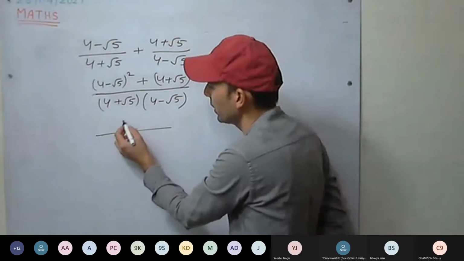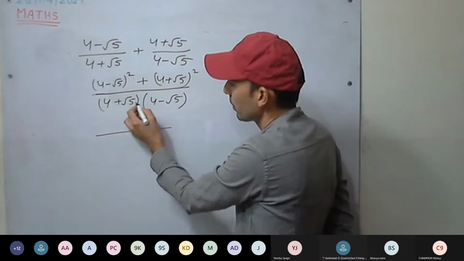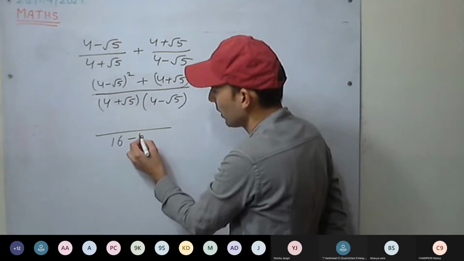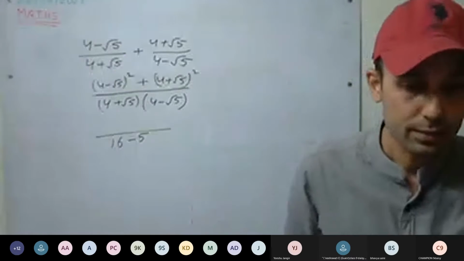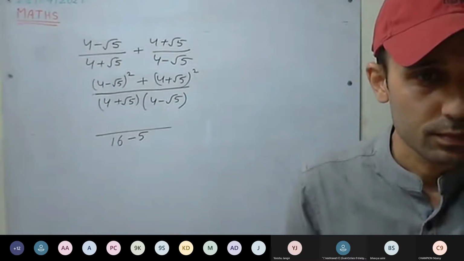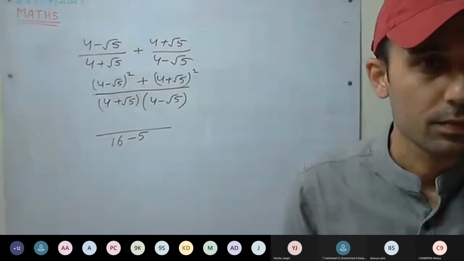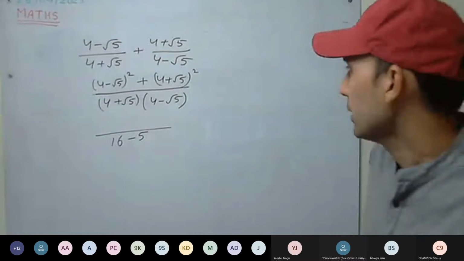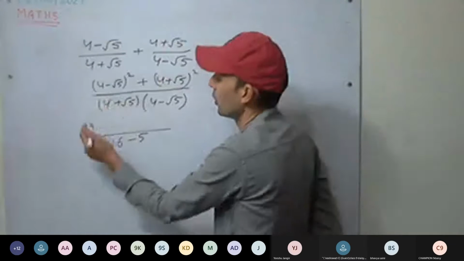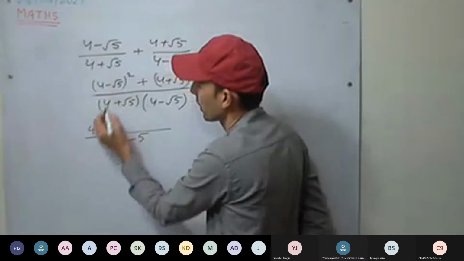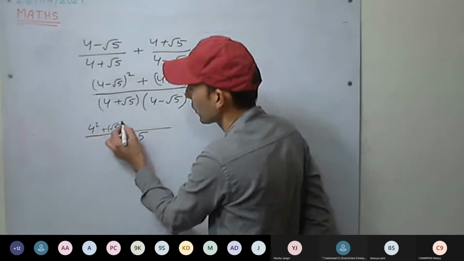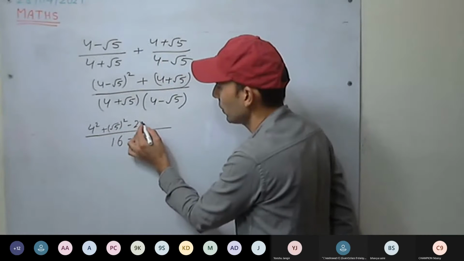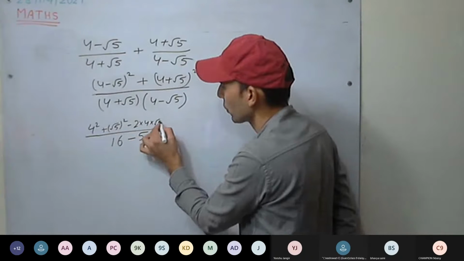So in the denominator it will be 4 square minus 5, that is 16 minus 5. In the numerator, what will we get? 4 square plus root 5 square minus 2ab, that is 2 into 4 into root 5.